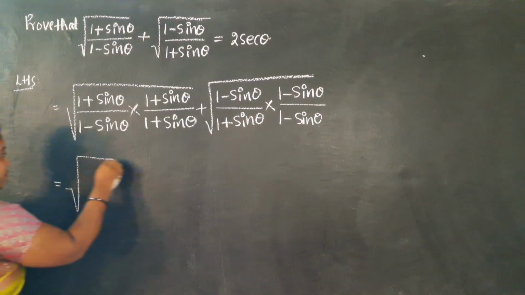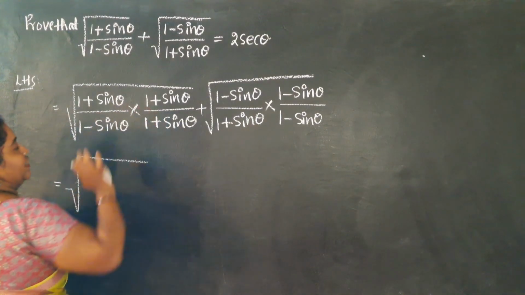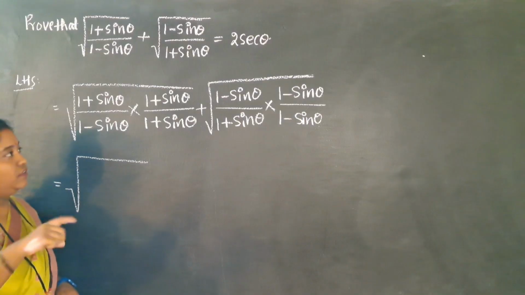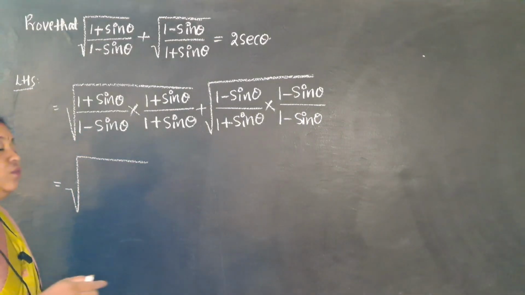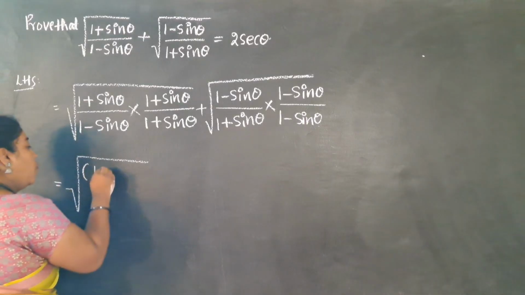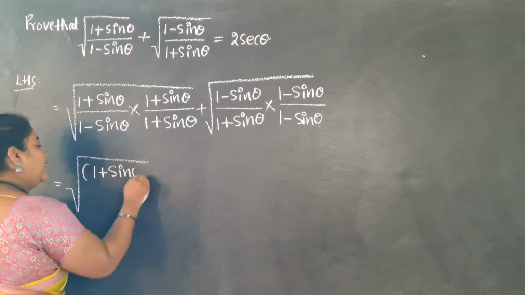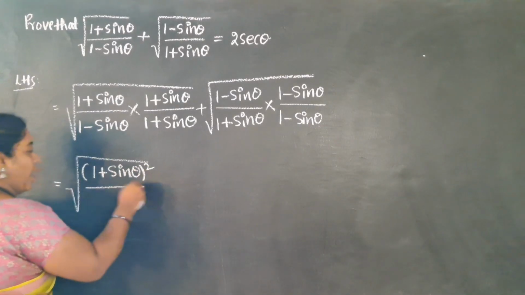Dears, see here, 1 plus sine theta into 1 plus sine theta. Both, I have written twice. So 1 plus sine theta into 1 plus sine theta will give me 1 plus sine theta the whole square.